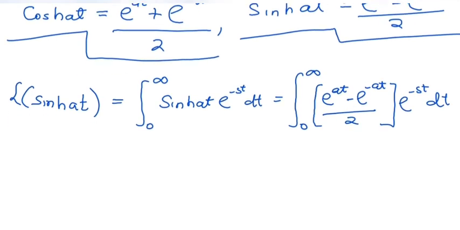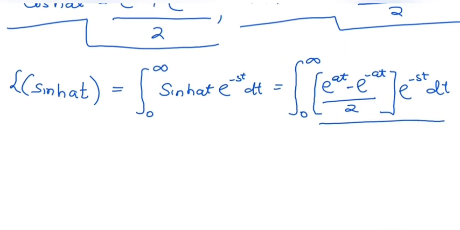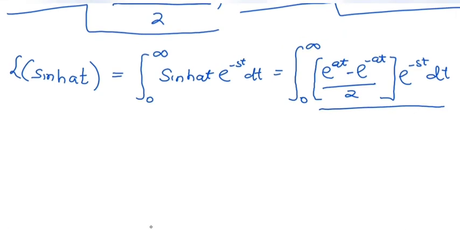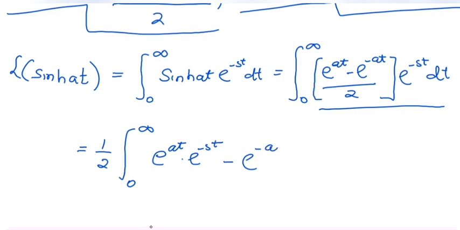And we simply distribute this, and we can pull out the value of 1 over 2, so we're going to have 1 over 2 outside the integral because it's not dependent on t. This will give us e to the power of at times e to the power of negative st, minus e to the negative at times e to the negative st, dt.